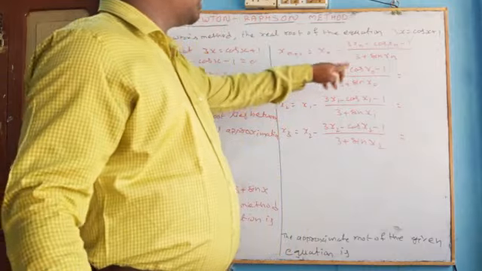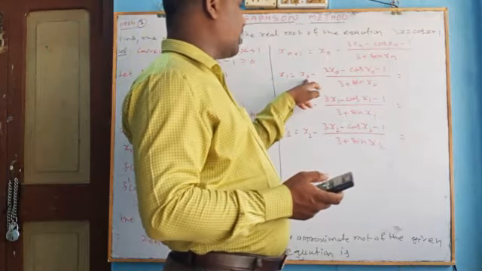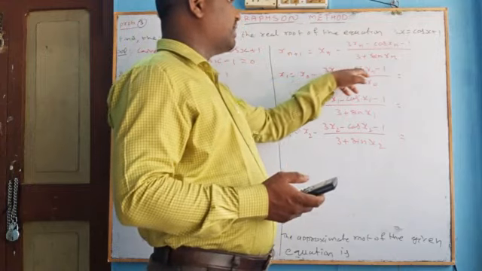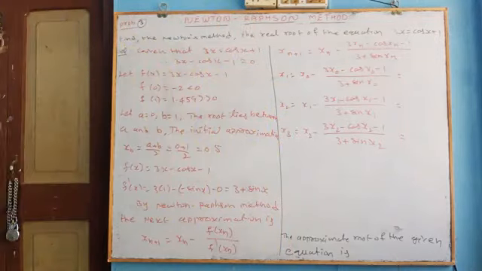First take this equation: x naught means x minus (3x minus cos x minus 1) by (3 plus sin x). So first we put x in this equation.